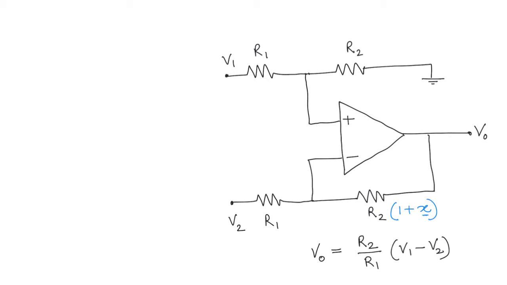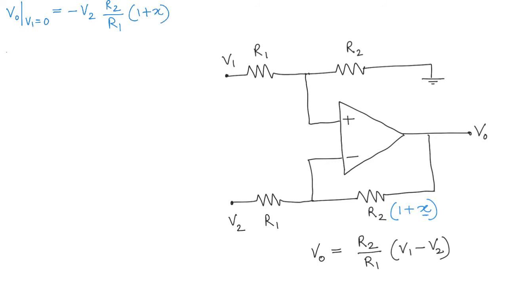We can look at the output because of V2 alone. If you look at the output because of V2 alone, that is the output when V1 equals 0, we get that the output is going to be minus V2 times R2 over R1 times (1 plus X). It's fairly straightforward.